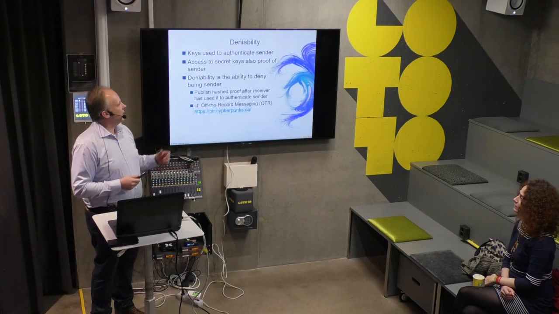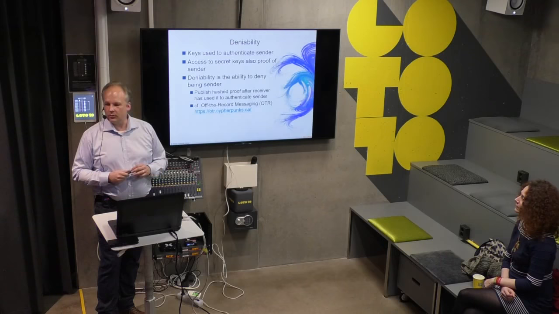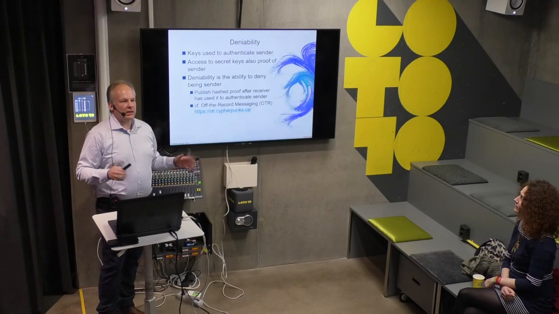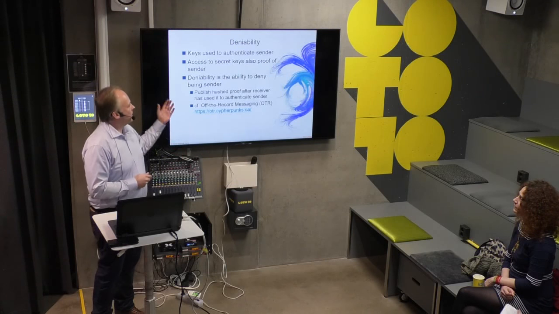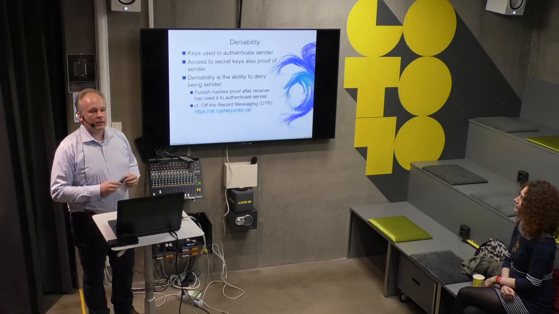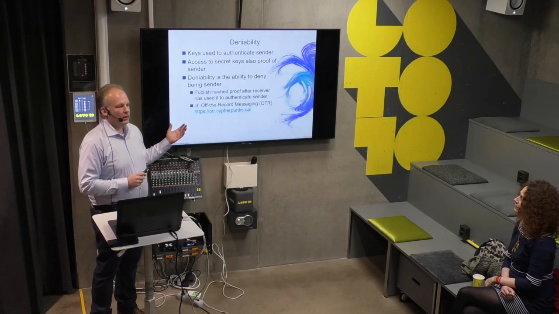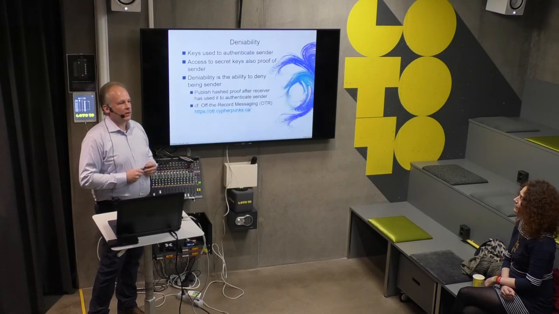Now, obviously, deniability is very desirable by criminals or terrorists who want to send something and then be able to deny it in case it gets cracked. But there might be other cases where deniability is important, like for dissidents in oppressed countries, for instance.